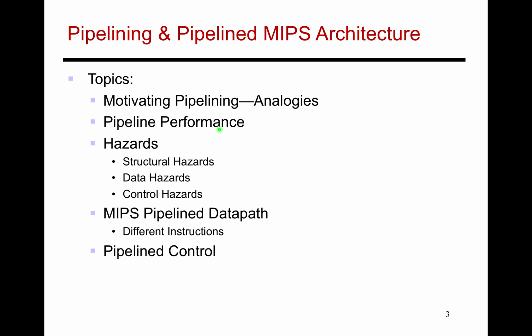While pipelining allows us to speed things up and perform better, it also has some hazards: structural hazards, data hazards, and control hazards. So we're going to spend quite a bit of time on what these hazards and problems are and what the solutions to them are, in order to make the pipeline as fast as possible. And then finally, we talk about the particular MIPS data path for different instructions, and then the control for managing the pipeline operations.